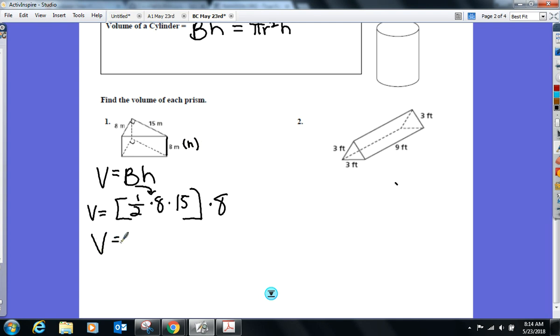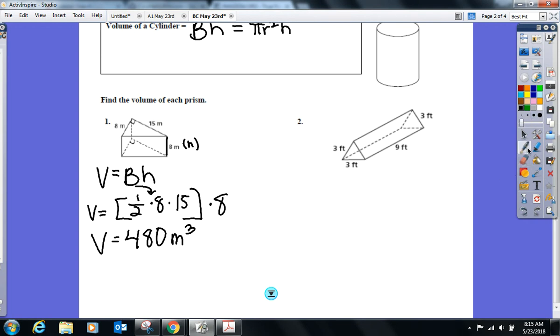So my volume here, 480. Welcome to volume today. Cubic meters, yes. When we're dealing with volume, cubic units.